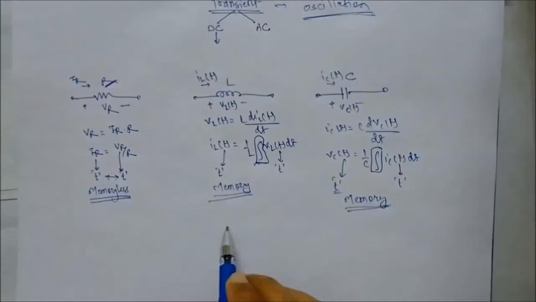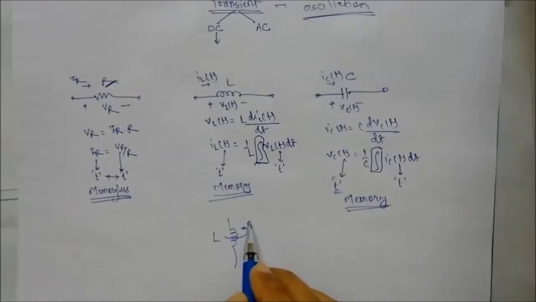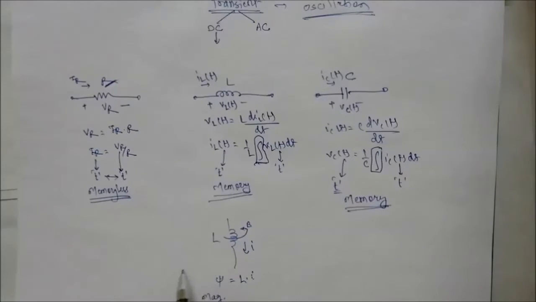Now in the case of inductor, if L is the inductance value and I is the current passing through it, then a magnetic field will get generated around the inductor, and the magnetic flux is given as psi is equal to Li. So energy is stored in the form of magnetic flux in the inductor.